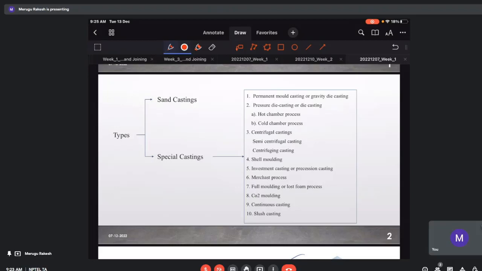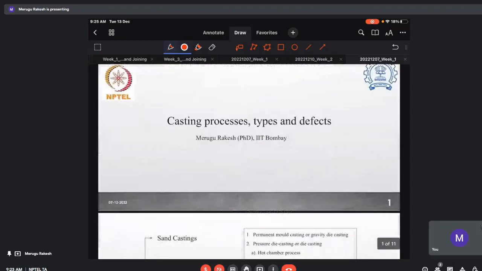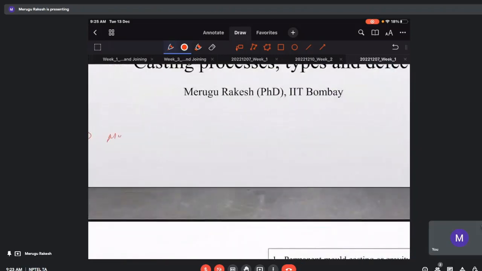And if you want to get more insight into casting types and defects, there is one course in NPTEL, on manufacturing processes and casting, such as casting and joining, from IIT Kanpur, if I'm not wrong.